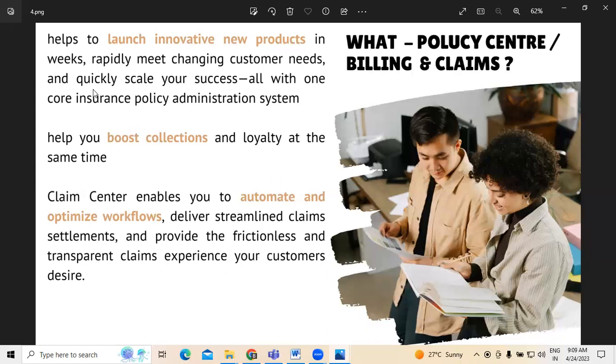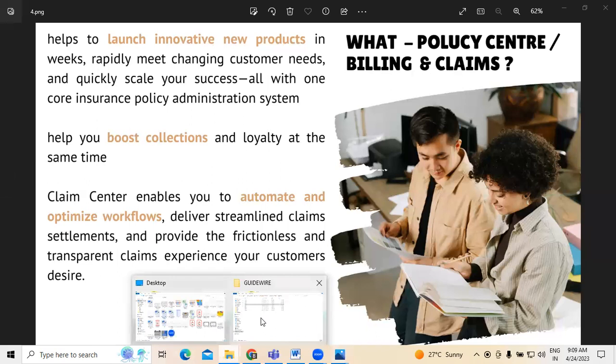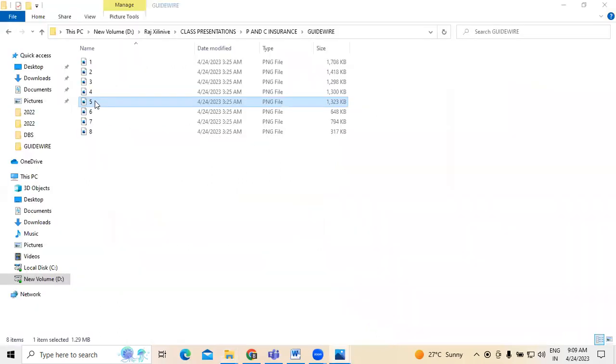At the same time, they have to provide frictionless, transparent claim experiences to customers as per their desire. So this is how PolicyCenter, BillingCenter, and ClaimCenter are used here.